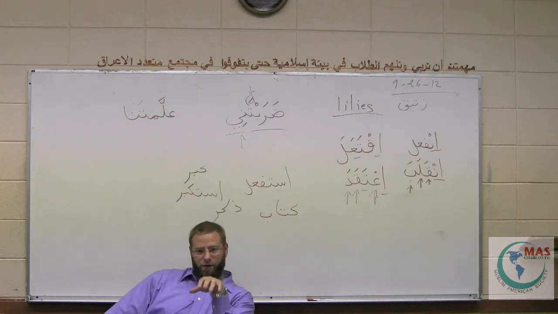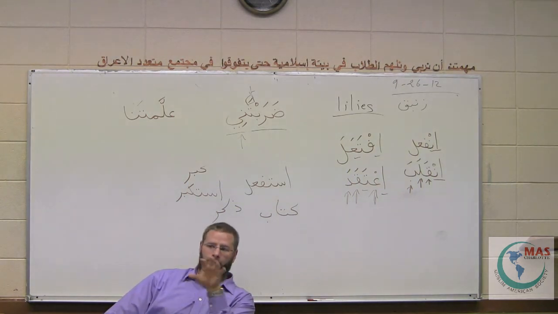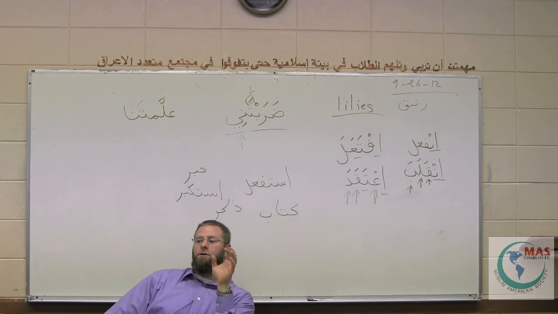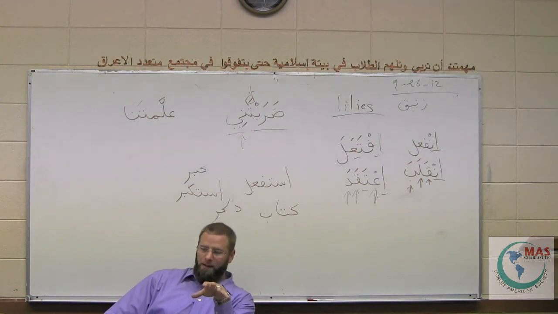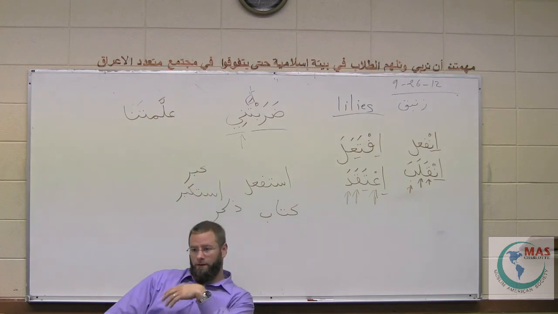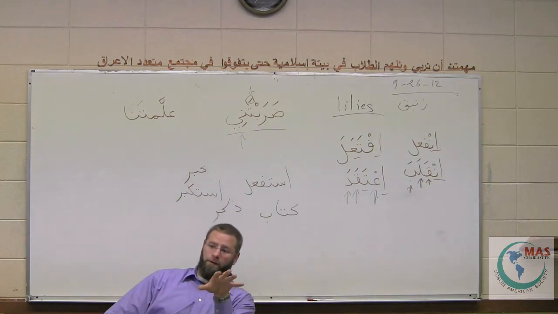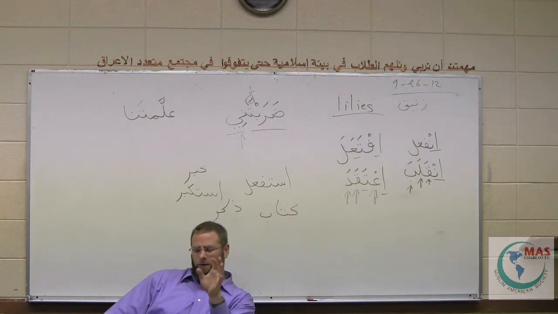Anta, you. Anti, you for a girl. Antuma, you two. Antum, all of you, masculine. Antunna, all of you, feminine only. Huwa, he, hiya, she. Huma, those two. Hum, they all. Hunna, they all for girls. That's it. The iyaka, don't worry about all that. So that's the easy one.